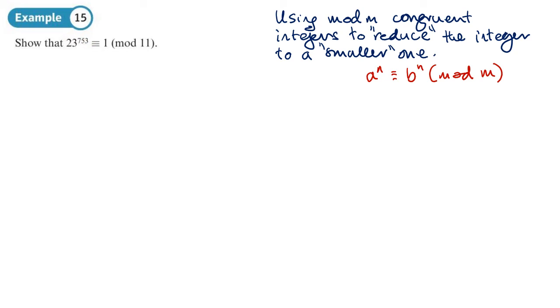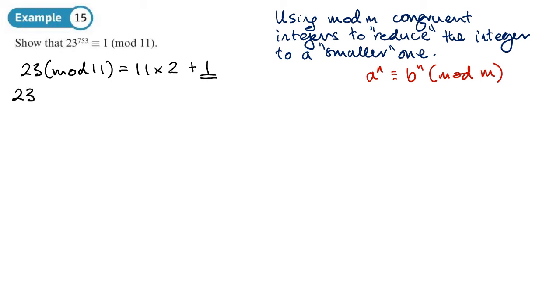So let's start with 23. What's 23 under mod 11? Well, 23 in mod 11 is equal to, well, that's 11 times 2, which is 22, plus 1. So there's a remainder of 1.